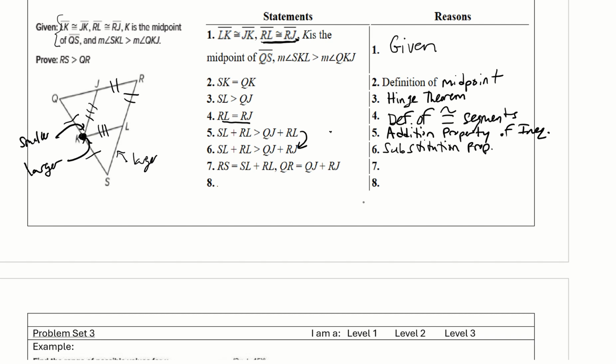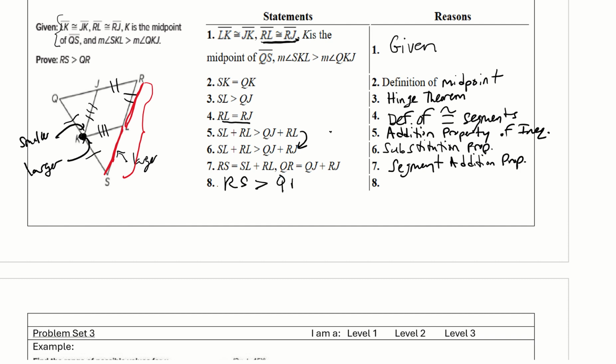Now RS is equal to SL plus RL. That is the segment addition property or postulate, because we're adding two segments to make a bigger segment. Then we end with what we're trying to prove.